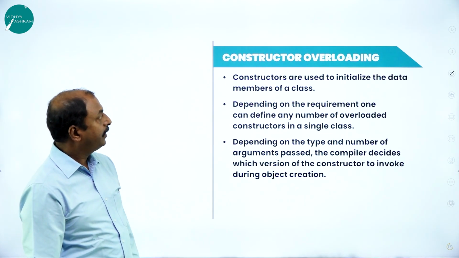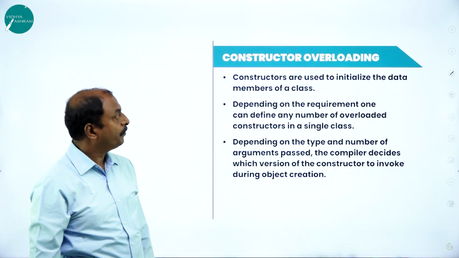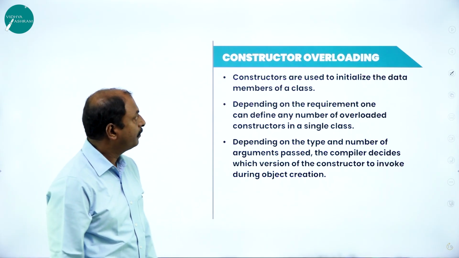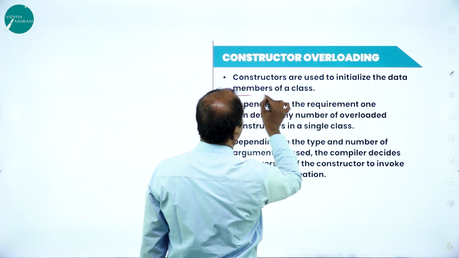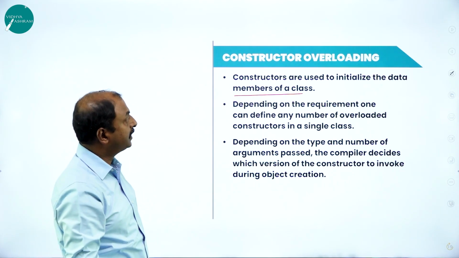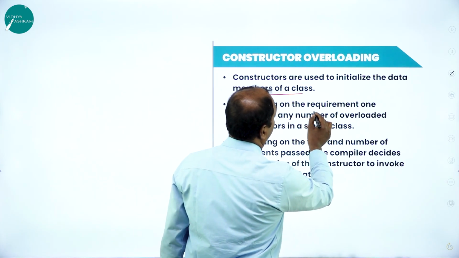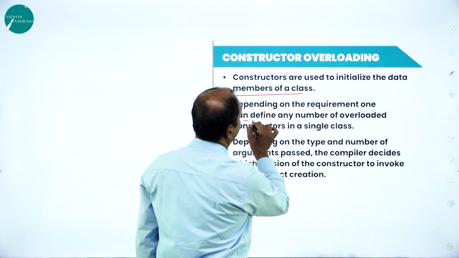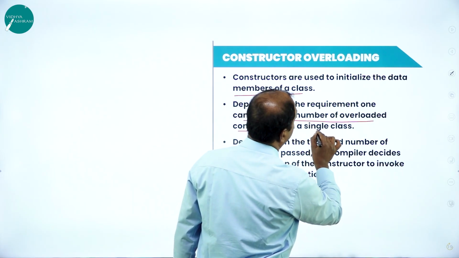In the next slide, constructor overloading. Now, what is constructor overloading? Constructors are used to initialize the data members of a class. This is the basic definition of a constructor. It is used to initialize the object of a class. Depending on the requirement, one can define any number of overloaded constructors in a single class.